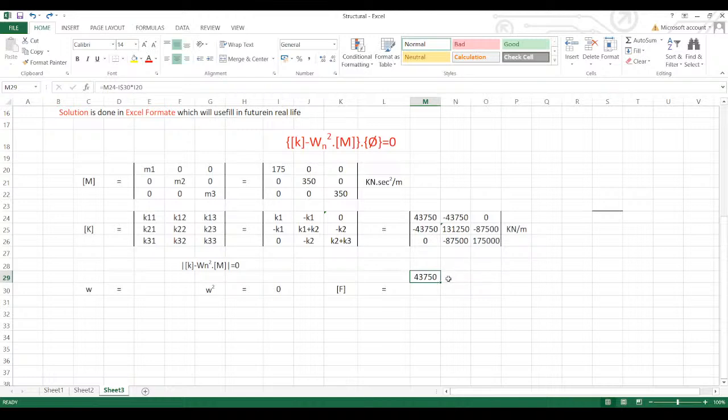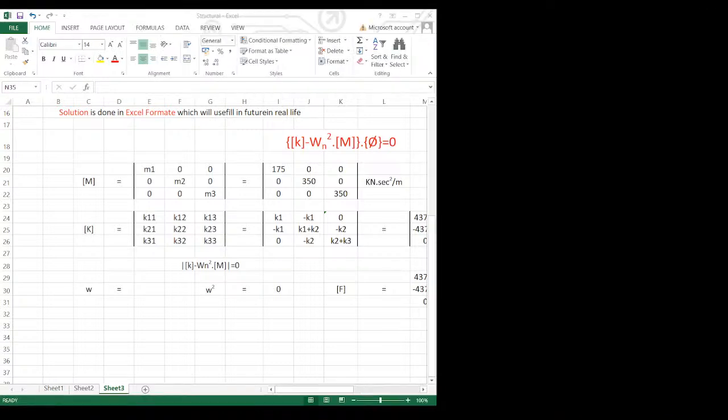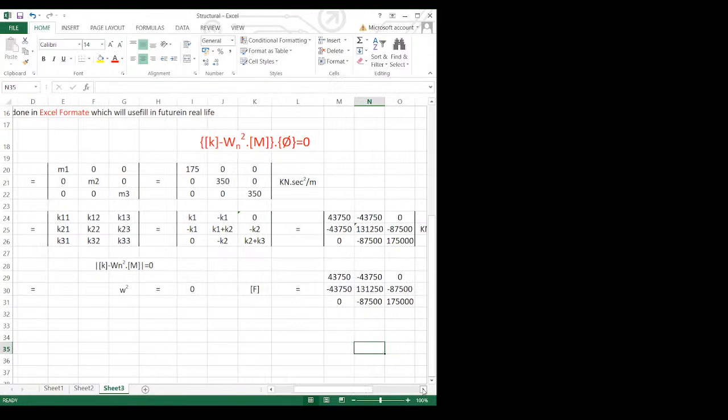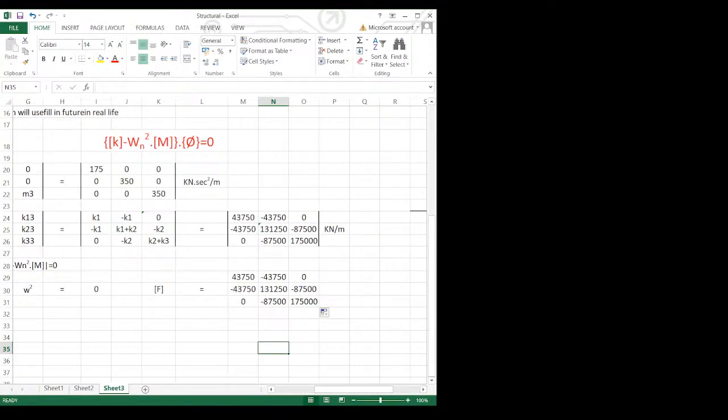Control Z. Omega square can't be shifted anyway. There we also put a dollar sign, dollar I, dollar. That means the omega value can't be changed. Enter M1. Okay. This and this we have calculated. This is our F matrix.